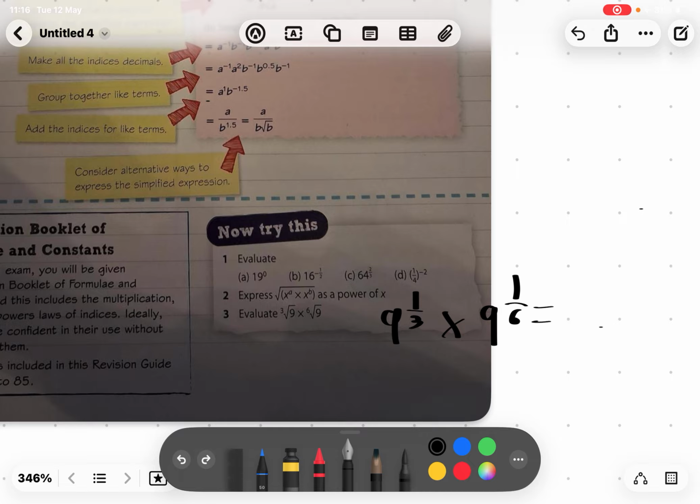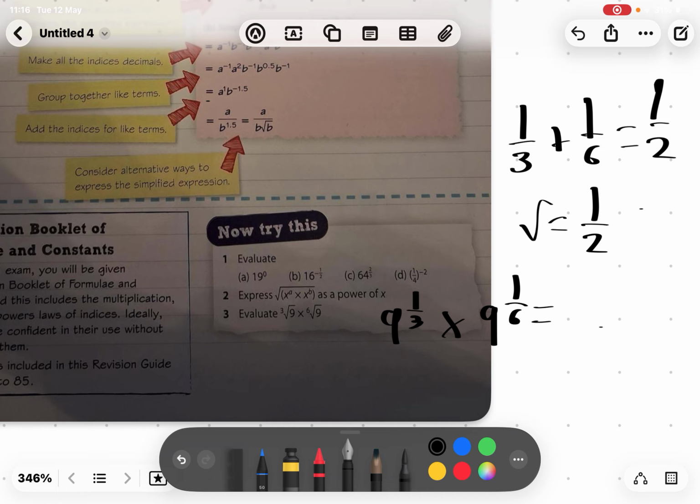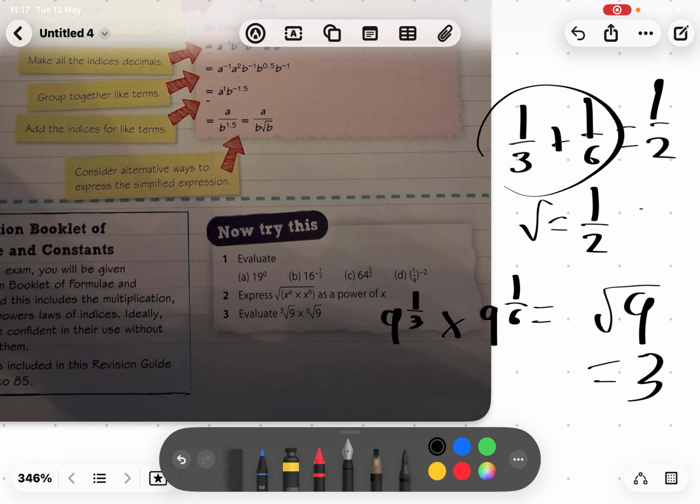So 1 over 3 plus 1 over 6 is equal to 1 over 2. Aha. And 1 over 2 is equal to square root. So 9 square rooted, and 9 square rooted equals 3. And the way this equals 2 is because there's 2 2's in a 6.